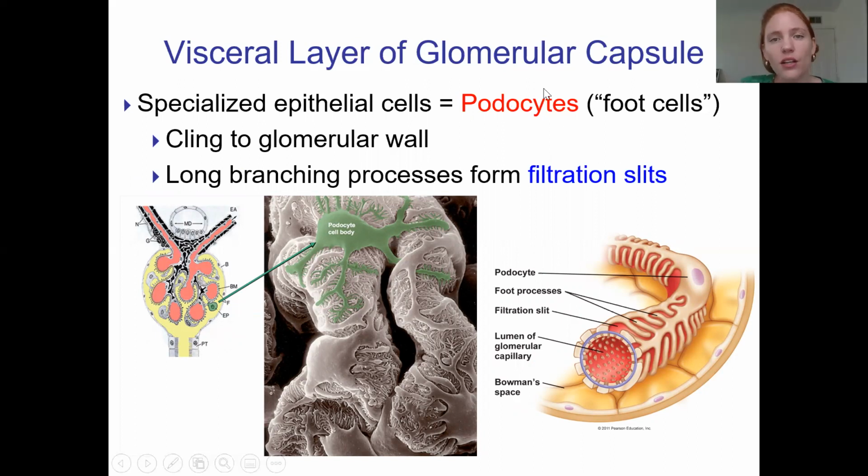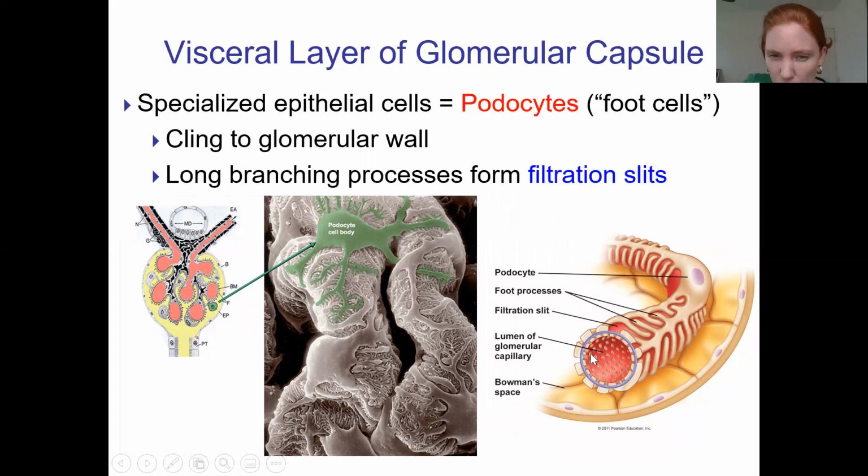Cyte meaning cell, podo referring to a pod, which is a foot. These podocytes have long cellular processes, long branching processes, and at the end of these branching processes they have little foot-like extensions, and they come very close together to create what are called filtration slits.